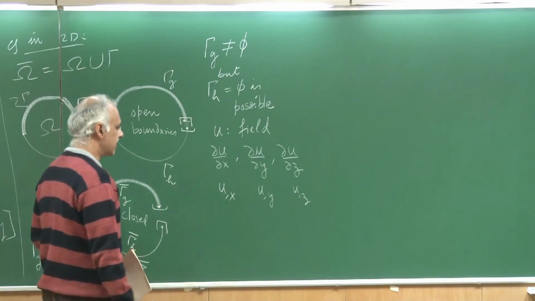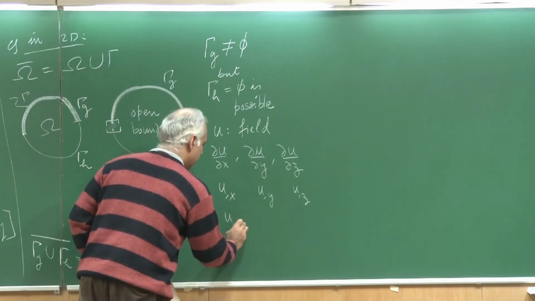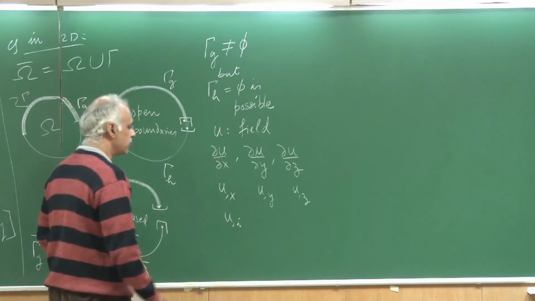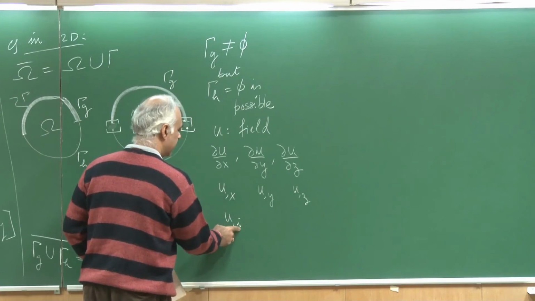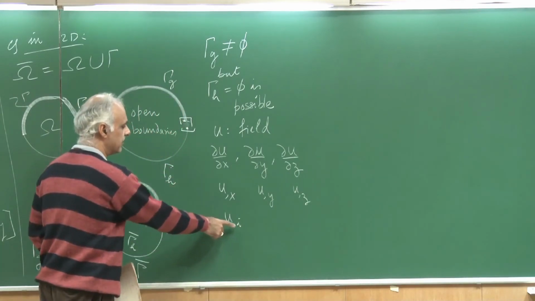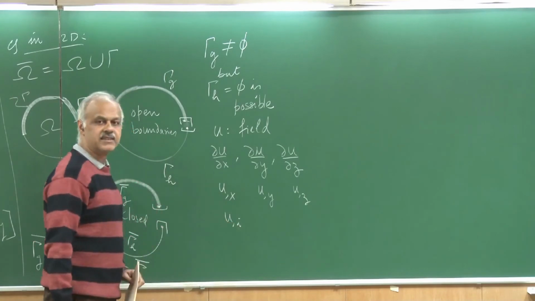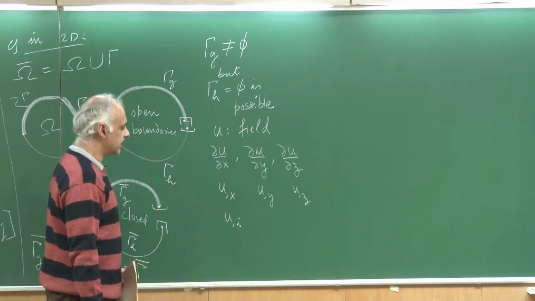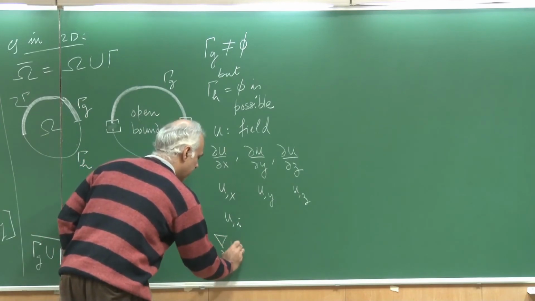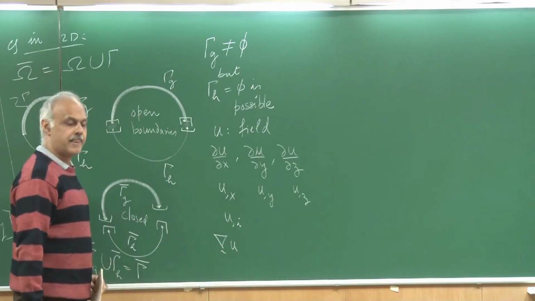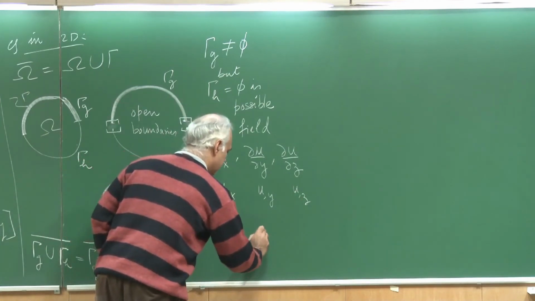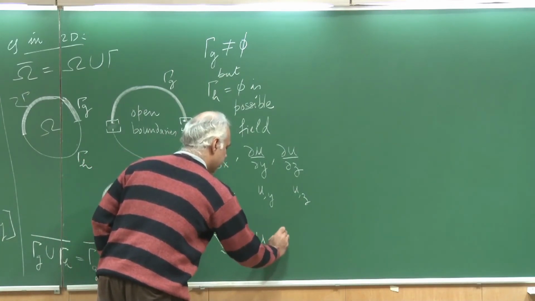I can also denote them in general as u comma i. Okay. So, u comma i is not a repeated quantity here, i is not repeated. So, I will have to take a certain value, for example 1, 2 or 3. But if I want to represent the gradient of a vector u, then this can really be represented as u comma i.